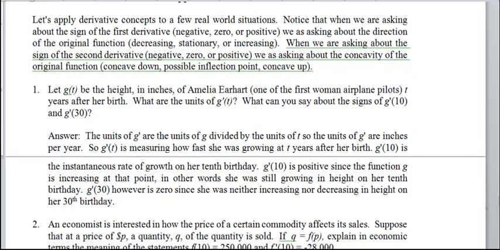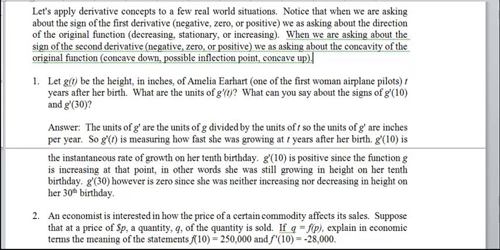Okay, let's try another one. We've got an economist who is interested in how the price of a certain commodity affects its sales. Suppose that at a price of P dollars, a quantity Q of the commodity is sold. Now, think about that.